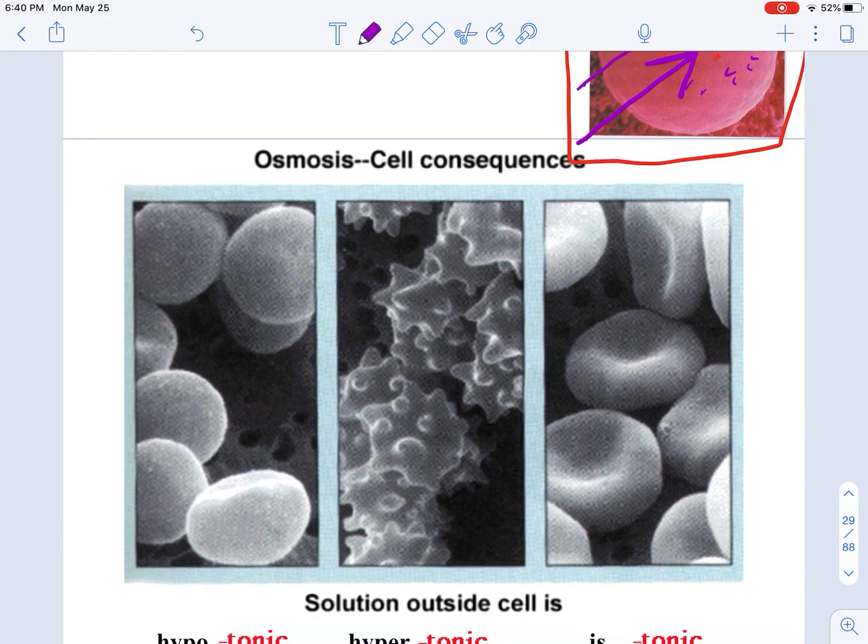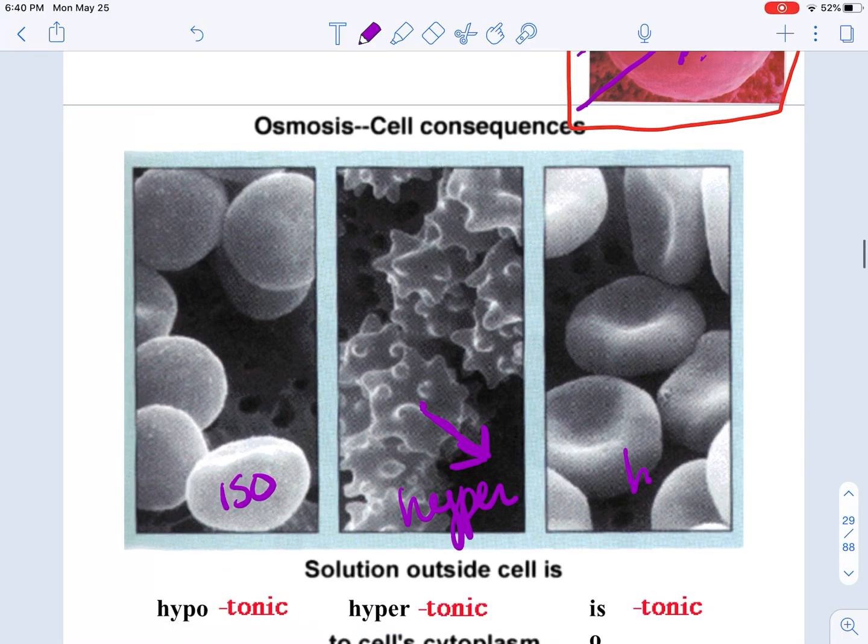There's actual diagrams of an isotonic red blood cell, one that's in a hypertonic solution, so it's so salty on the outside, for example, that any cellular water will try to go dilute that salt and shrink the cell. And a cell in, I got this wrong, I see that now.